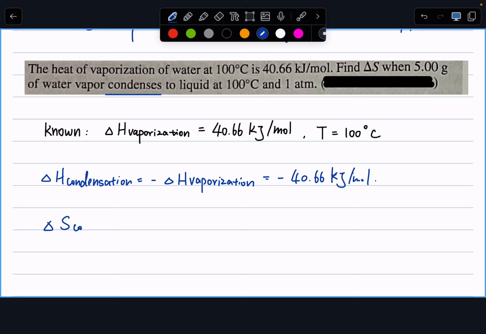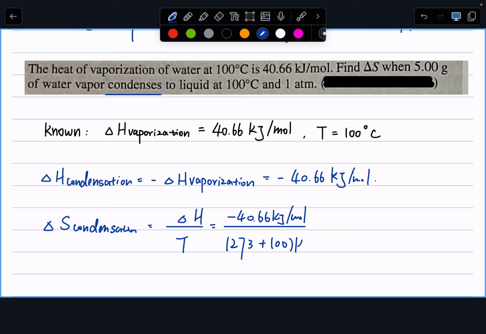So delta S condensation equals delta H over T, which equals negative 40.66 kilojoule per mole over temperature. And whenever you encounter temperature, always use Kelvin for this class. 273 plus 100 Kelvin. And that gives us, you can plug in your calculator, but the number is negative 109 joule per mole per Kelvin. Cool.